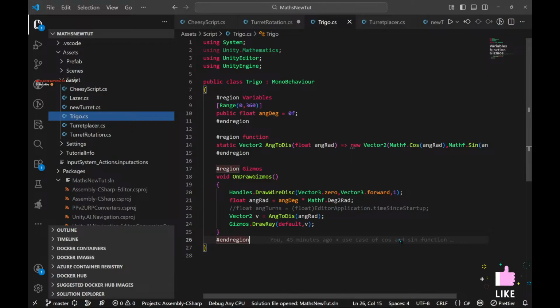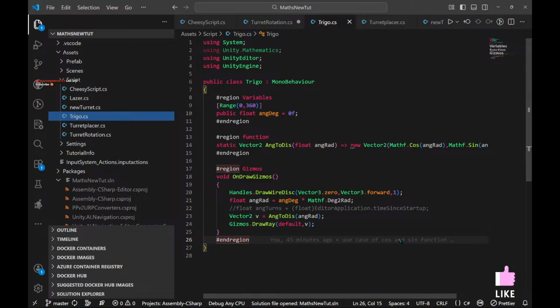Okay, this is public class Trigger : MonoBehaviour, and let's start with the variables, range 0 to 360.